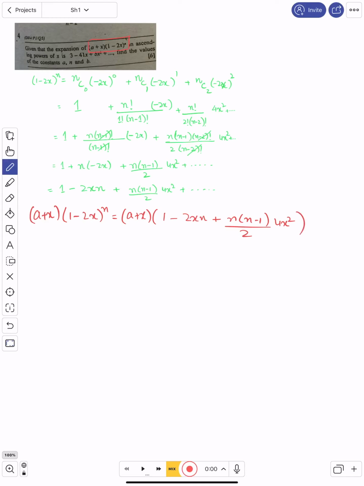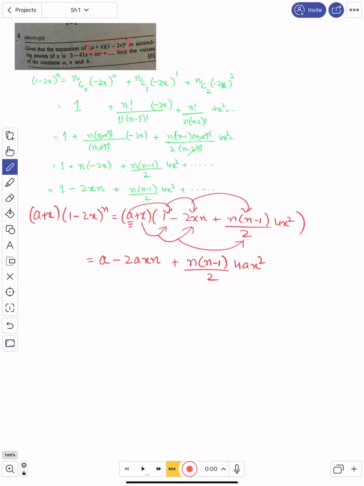So you are going to multiply a with each term and x with each term. So hence what's going to happen: a, minus 2anx, okay, n(n − 1)/2 times 4ax squared.